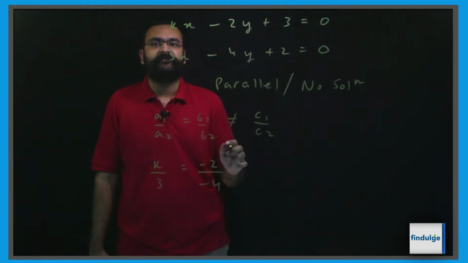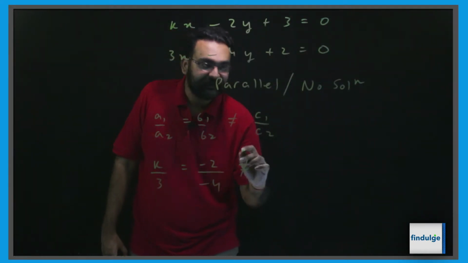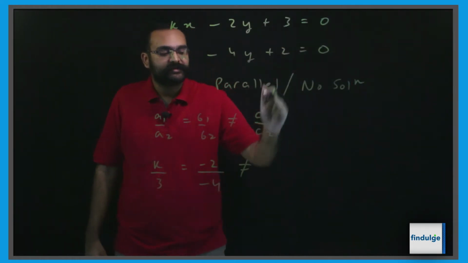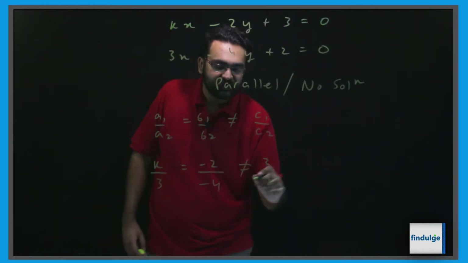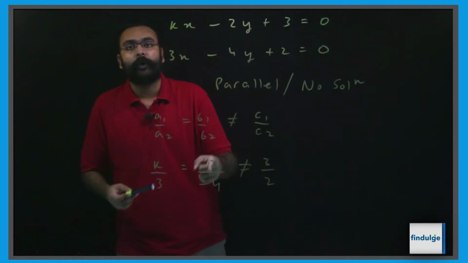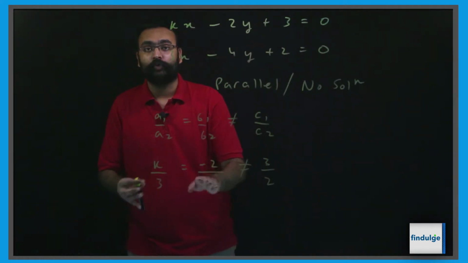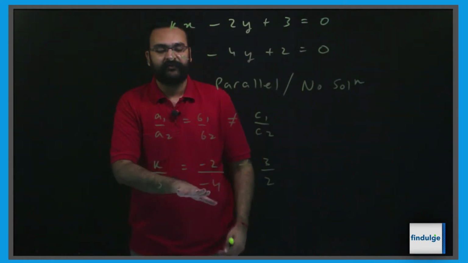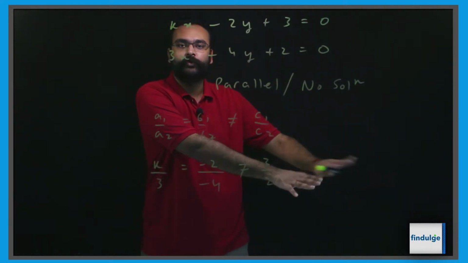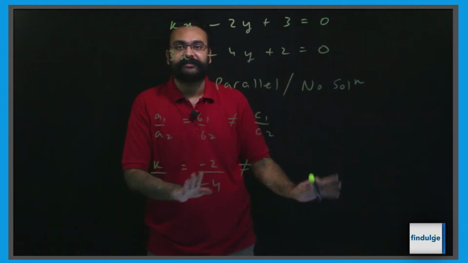And we will just confirm that it is indeed not equal to c1 upon c2, which is quite clear because minus 2 upon minus 4 will just become 2 upon 4, which is half, and half is obviously not equal to 3 by 2. So this gets confirmed.